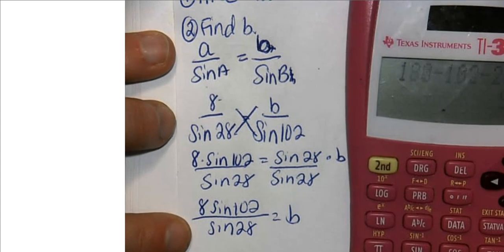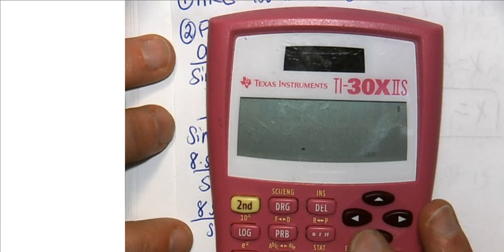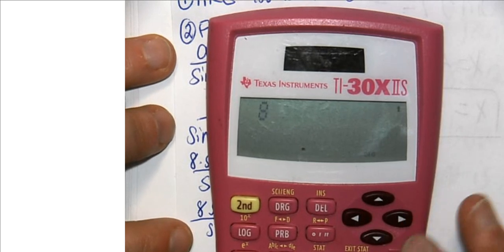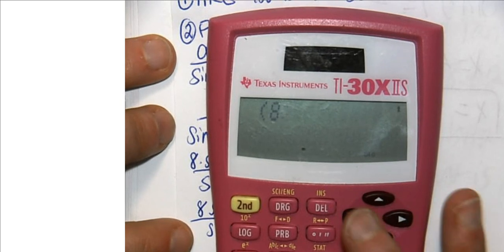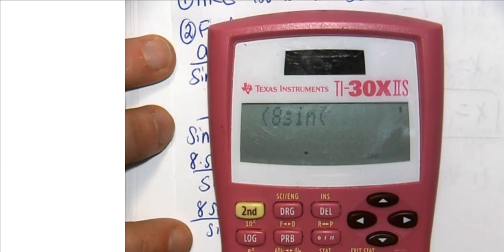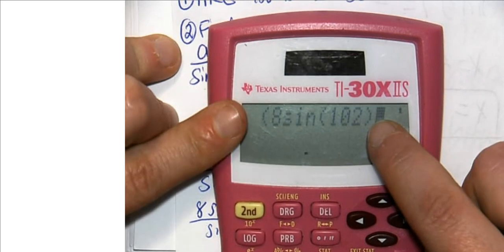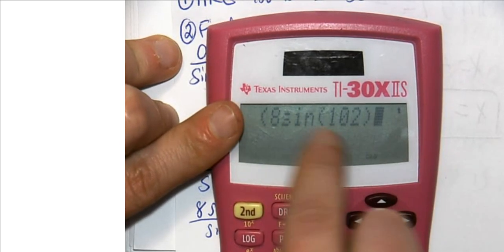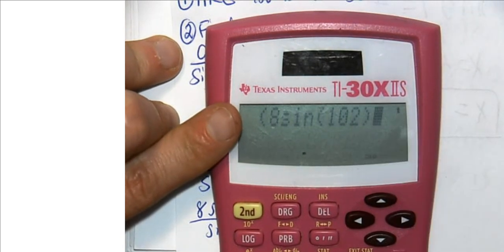Be careful as you put this into your calculator. I'm going to establish my numerator is 8, so I'm going to put parentheses, 8 times the sine of 102, and I'm going to close my parenthesis. But notice I have two parentheses going one way and one parenthesis going the other way, so eventually I'll have a second parenthesis.